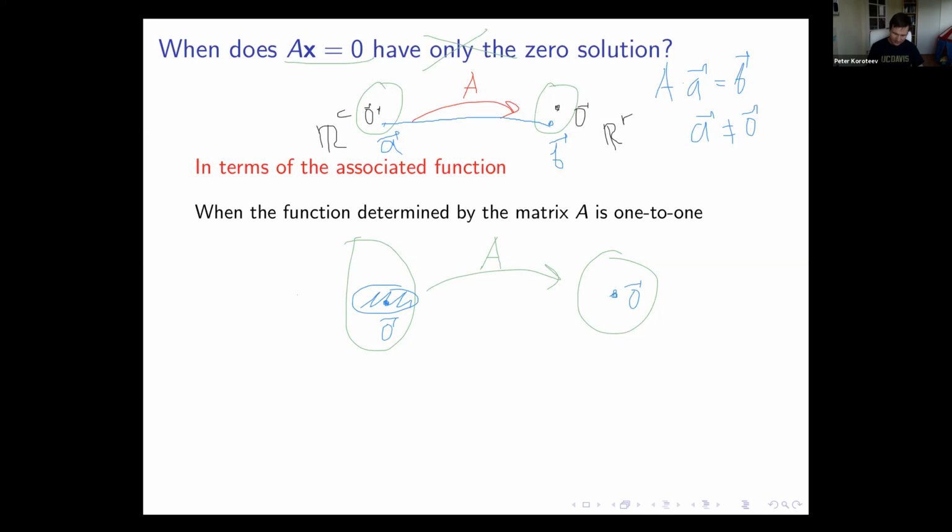But if there are other solutions other than 0, then they'll go here, and in this case the map is not 1-to-1, because all these vectors inside this blob will go to 0. It's like a function of one variable whose graph fails the vertical line test: for one value of x, there's more than one value of y.